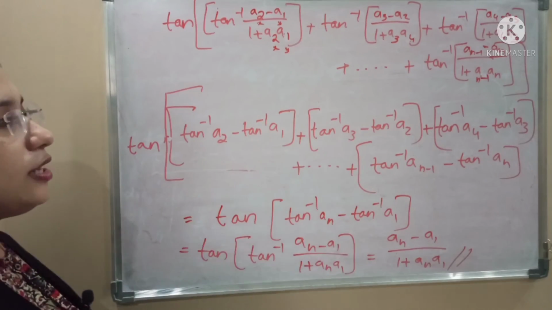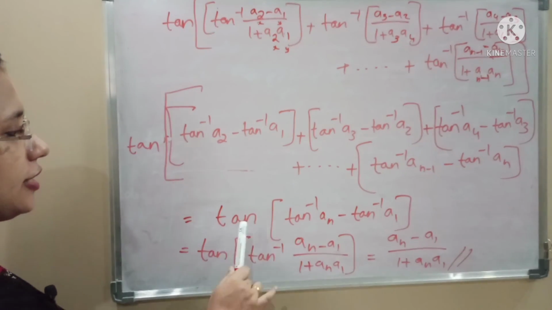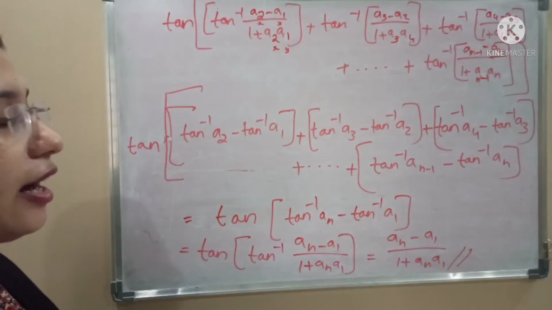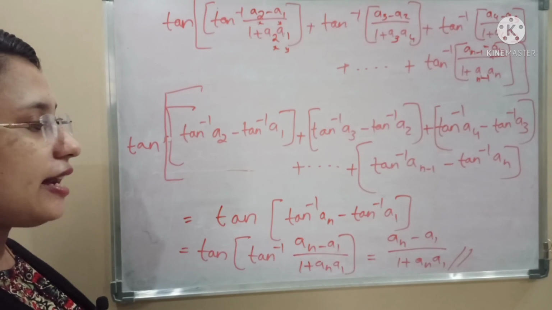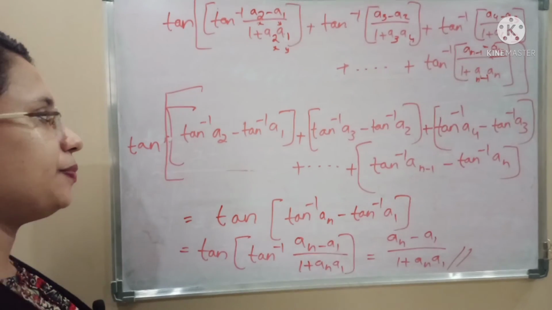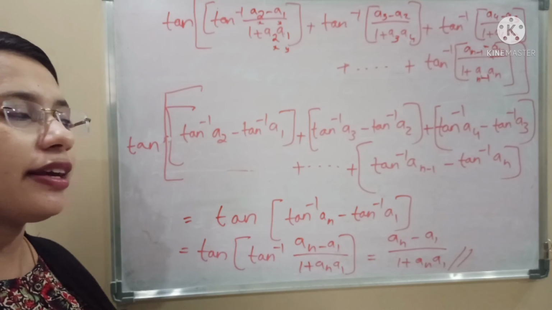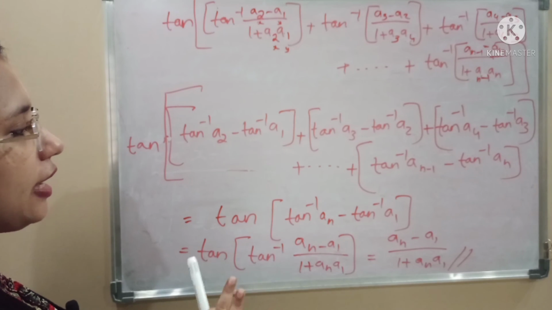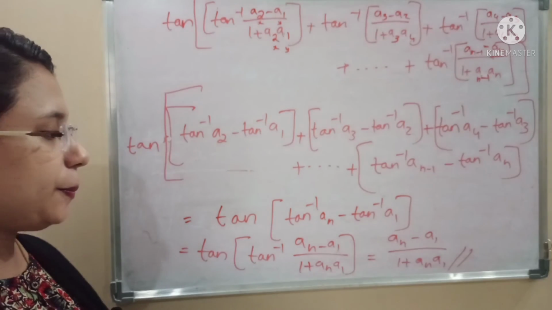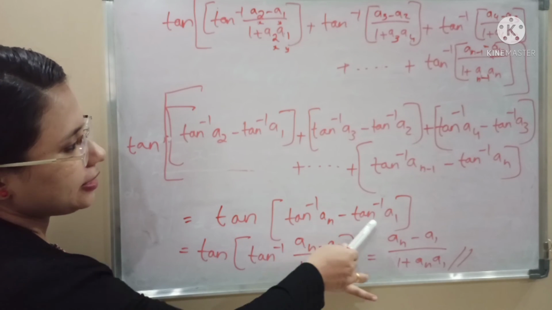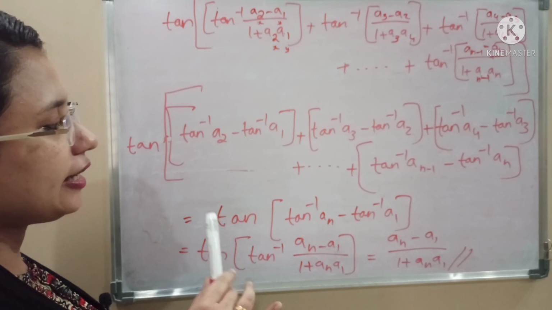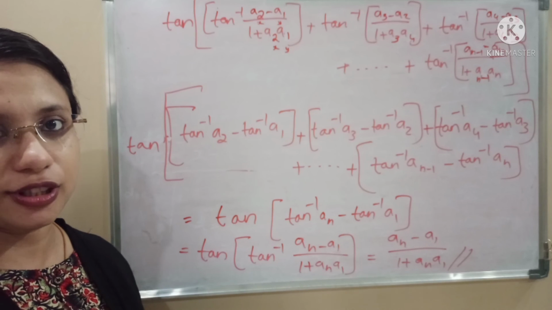So this whole expression we can write as tan of tan inverse an minus a1. Okay, so we are just simplifying the whole expression as tan inverse an minus a1. Now this is also the same as tan inverse x minus tan inverse y.